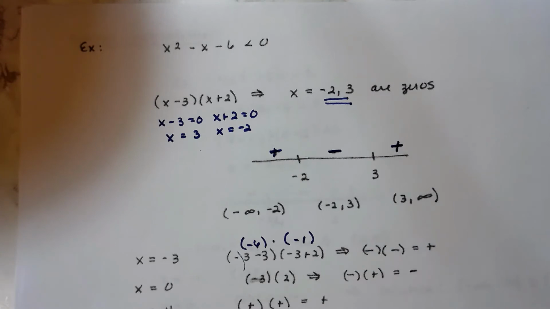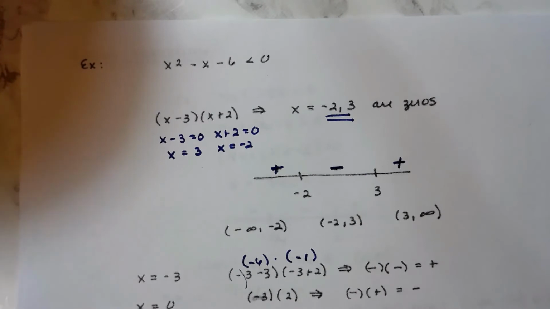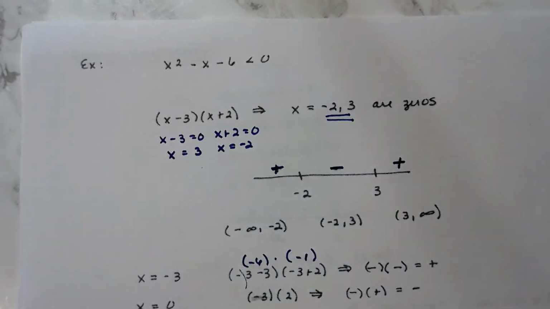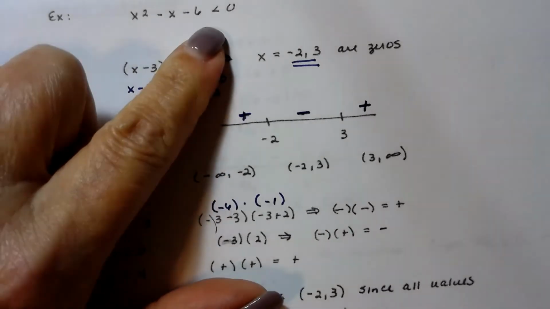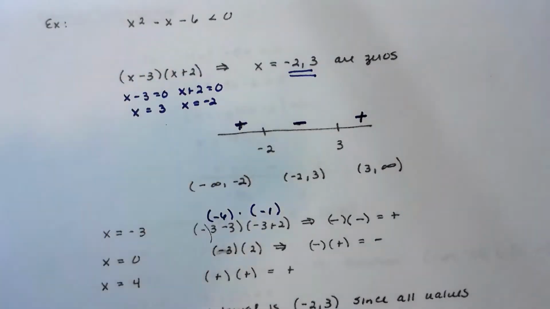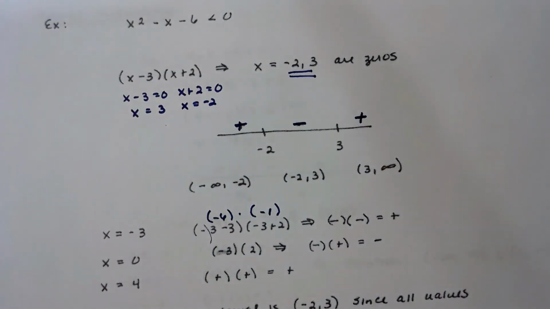Well, the hint is going to be given to me by the polynomial. My coffee cup shadow is in the way there. There we go. Sorry about that. So the key is right here. This says less than 0, meaning negatively valued or negative numbers.